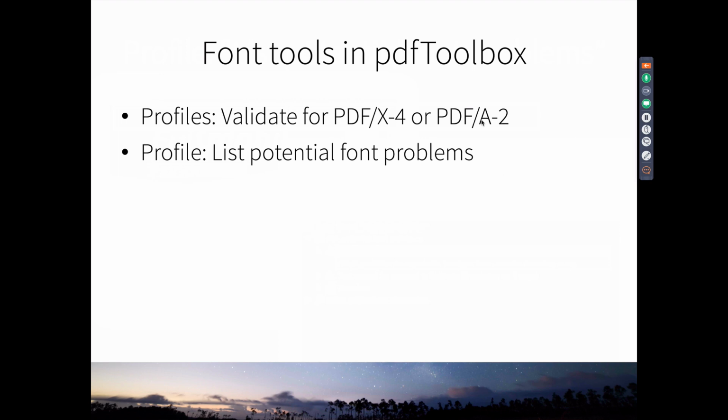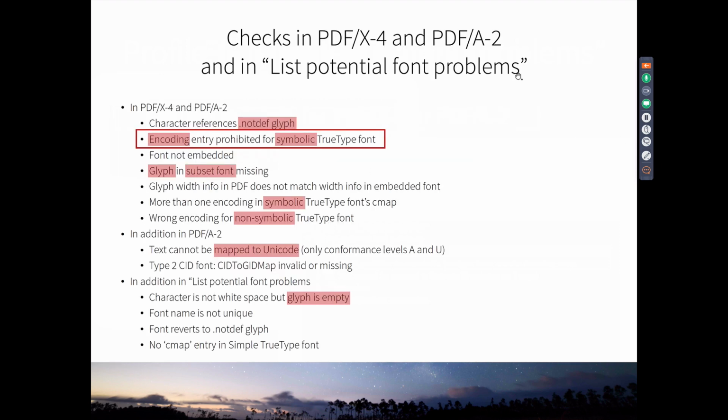And another profile is the one that I've already mentioned, the List potential font problems profile. If we look into what checks are actually set up in the validation profiles for PDF/X-4 and PDF/A-2 and the List potential font problems profile, we see that there are quite a few.